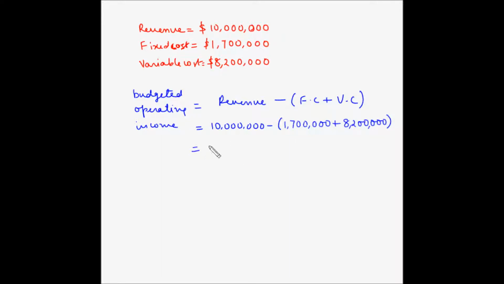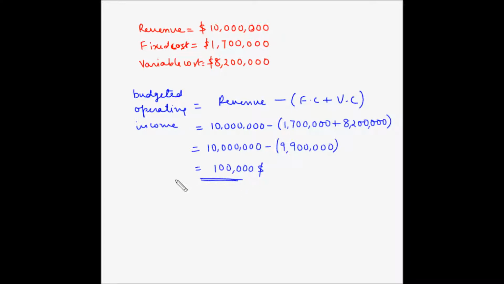So this is equal to 10 million minus, so 1.7 plus 8.2, 7 plus 2 is 9, and 8 plus 1 is 9, so 9.9 million, and this is equal to $100,000. So this is the budgeted operating income.